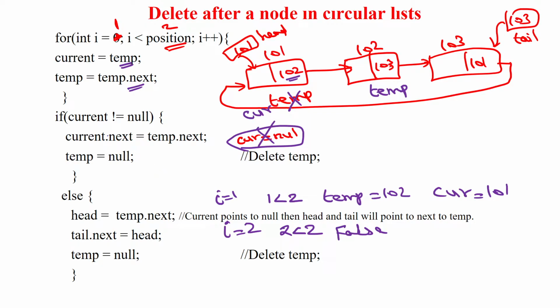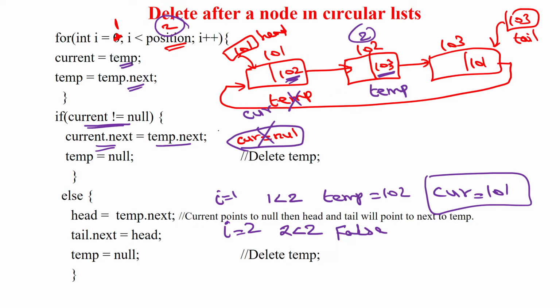Now we check whether current is not equal to null. Current has 101, so this condition is true. If the condition is true, I update temporary dot next to become current dot next. We reached position 2. Temporary dot next is 103, and that is assigned to current dot next.